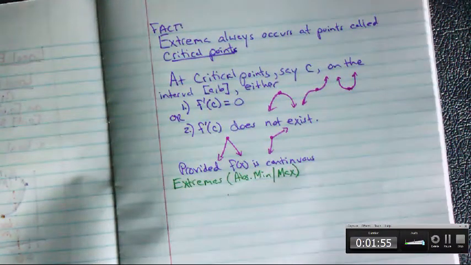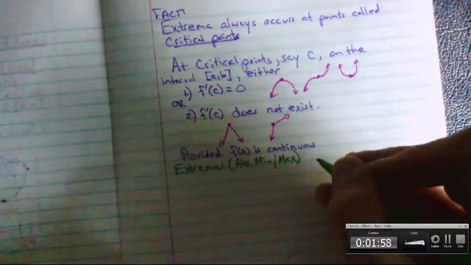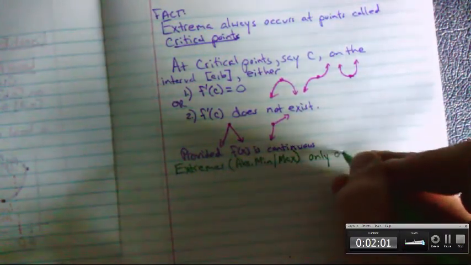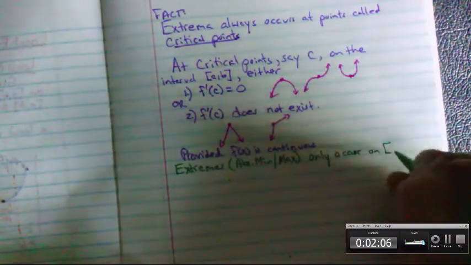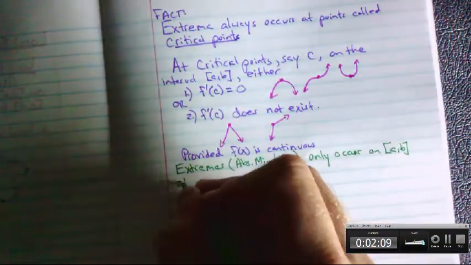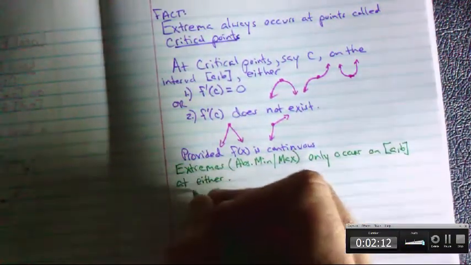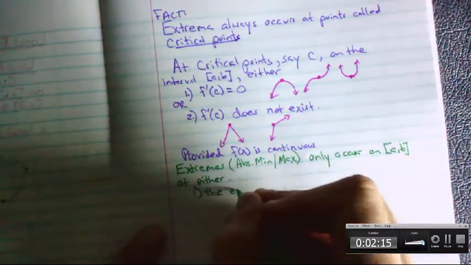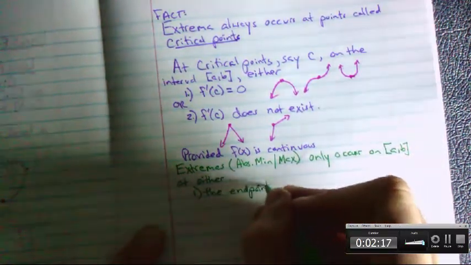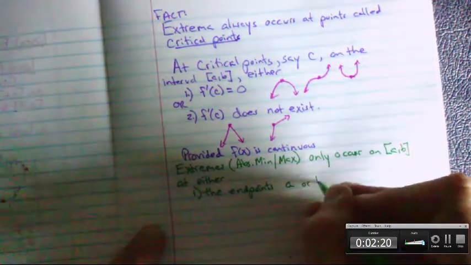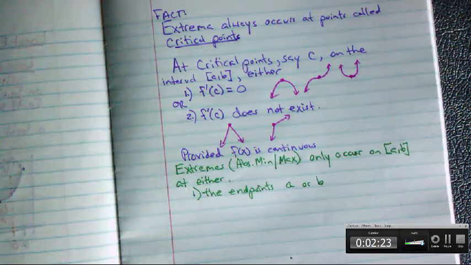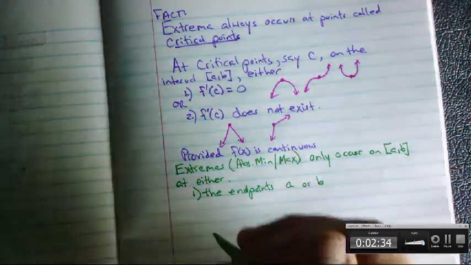Our extremas, the absolute minimum and maximums, only occur on an interval AB at either, number 1, the endpoints, A or B. The highest point in the entire interval and the lowest point on the entire interval either happens at the endpoints of the interval or it happens at some critical point in the interval.